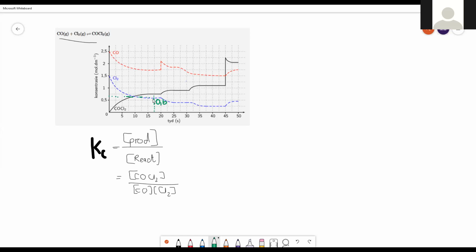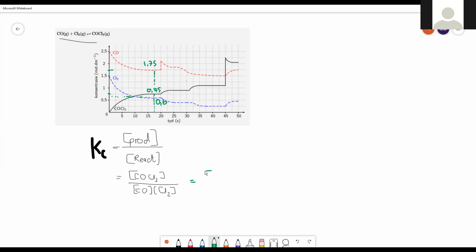Okay. If we go up to the black line, it looks like it's about halfway there. So that's 0.75. And if we go up to the red one, it's going to be roughly there. So 1.75.